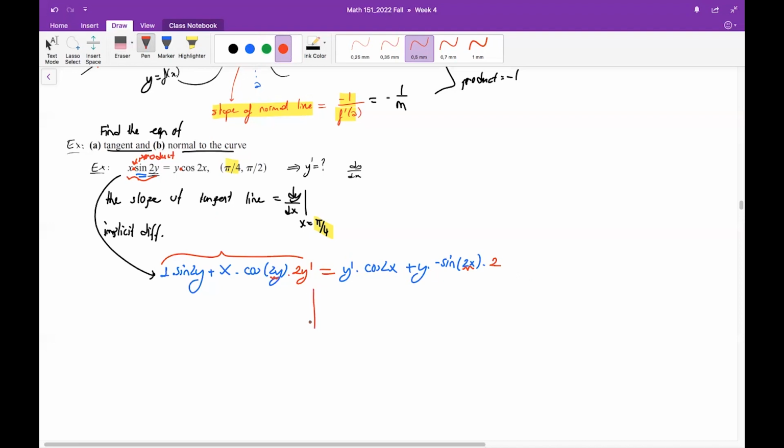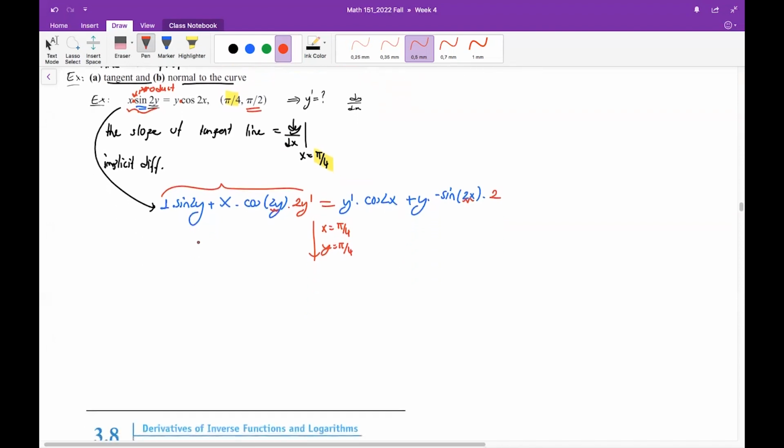Okay, from this equation, we want to find the first derivative at this given point. So let's insert the given point. X is pi over 4. And we also know the y component of it. Y is pi over 4. If you insert these two values, what happens? Okay, 2y is pi over 2.